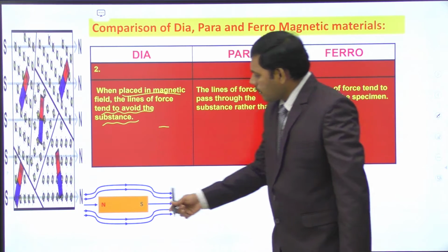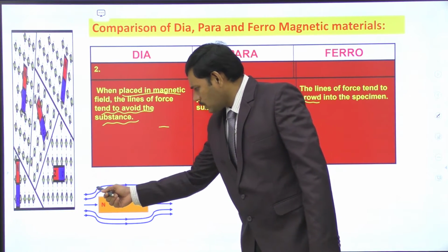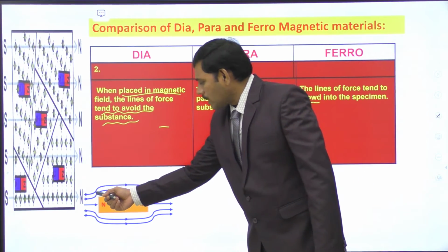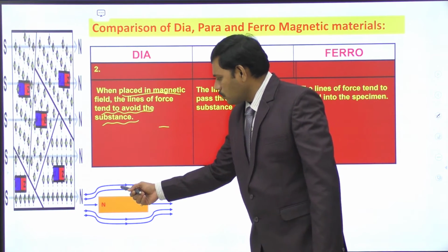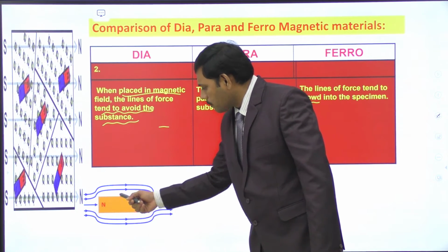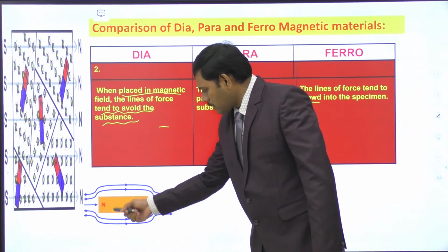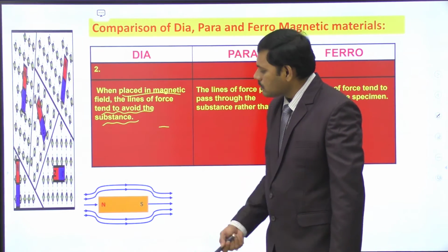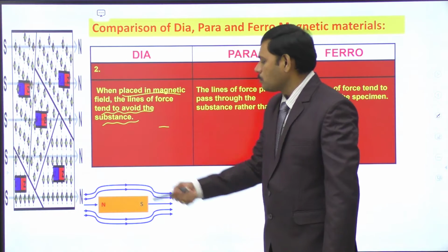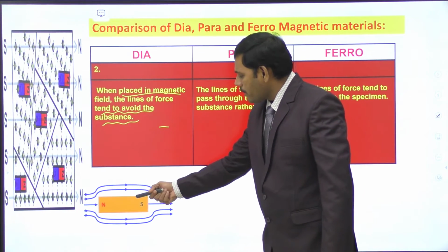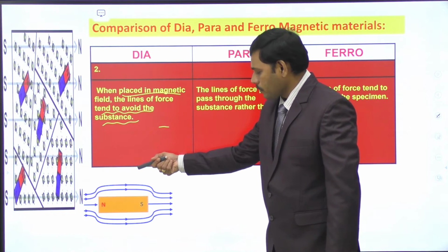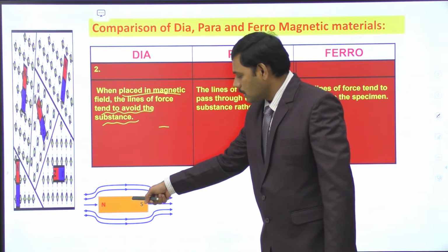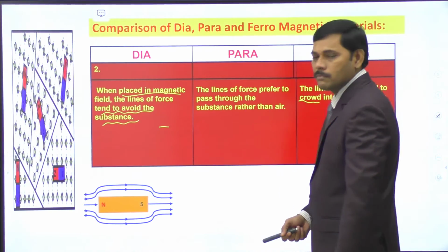See, most of the lines, shown as blue magnetic field lines, are uniformly distributed. Even in this place there were some magnetic lines. When this diamagnetic substance is introduced, it repels those magnetic lines. They avoid this region and move outside.